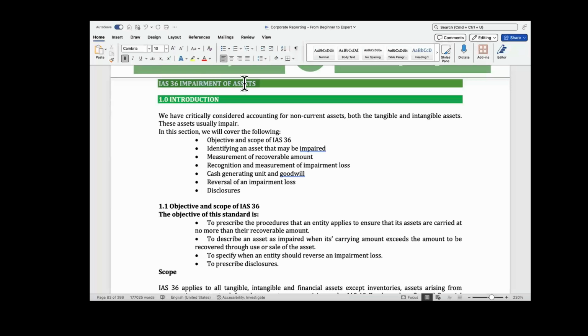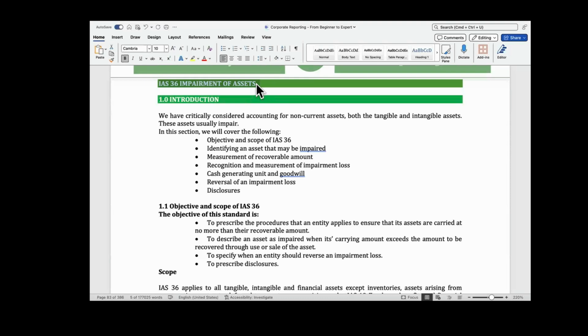So we have observed that in recent diets, the interest of ICAN has been awakened to this topic. And considering what is happening right now in the macroeconomic environment of Nigeria, most of what is happening can also be an indicator of impairment.